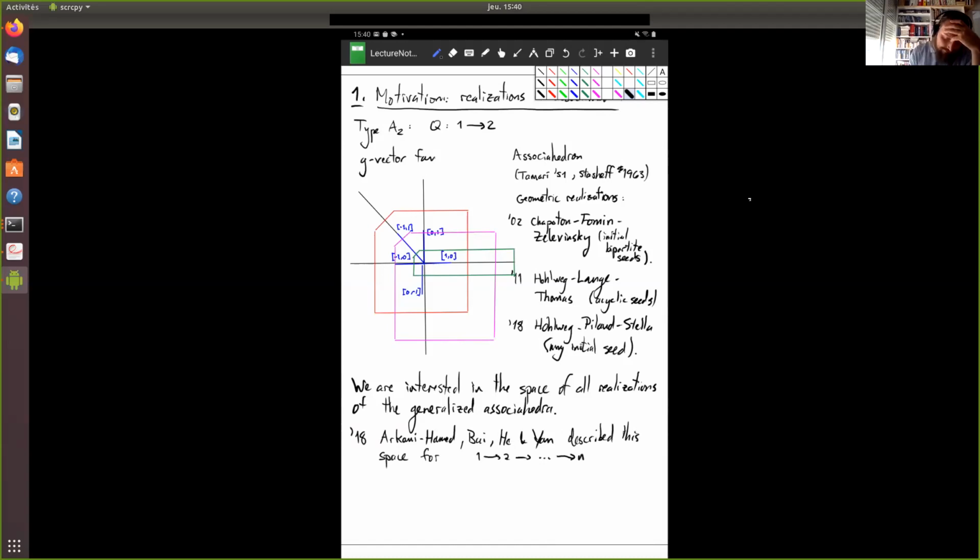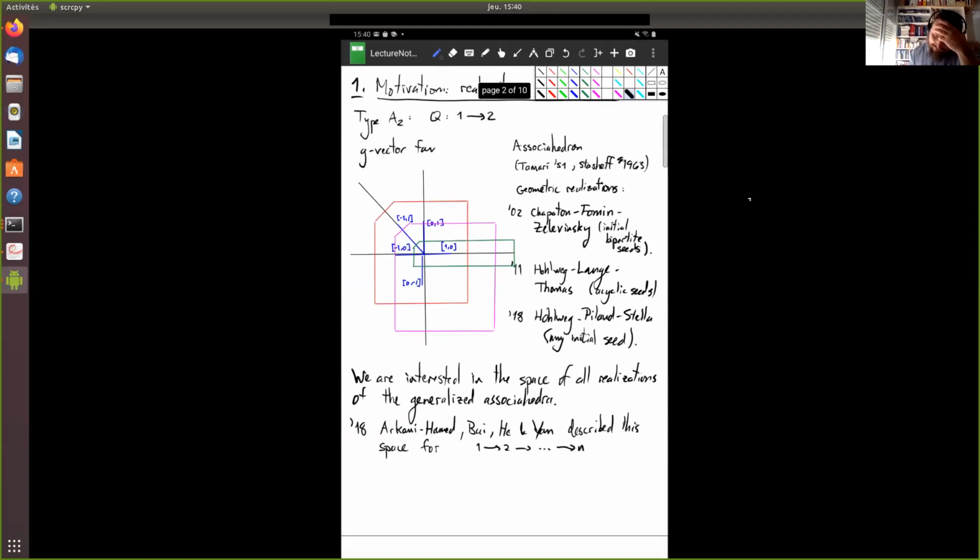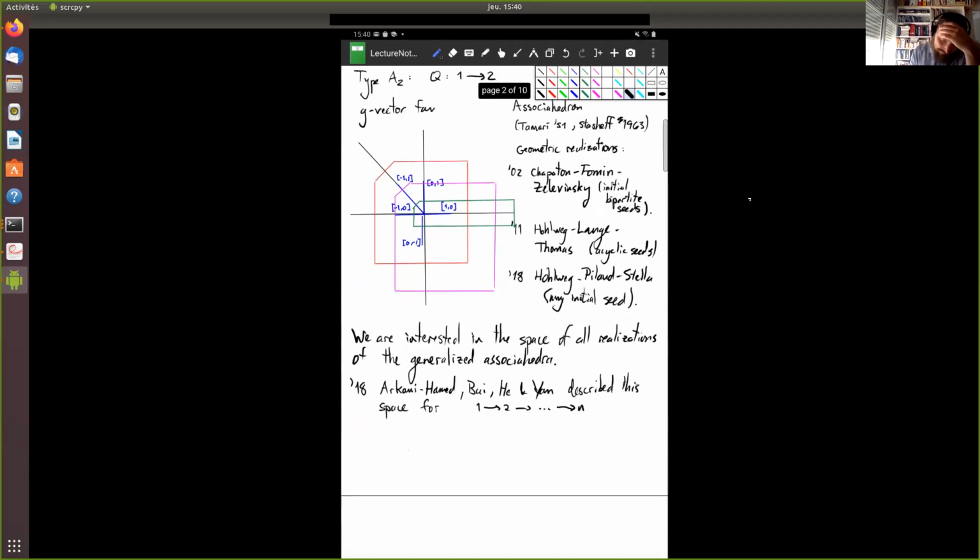And this was shortly afterward generalized by another team of 5 people from Montreal, Bazier-Matte, Douville, Mousavand, Thomas, and Yildirim. They generalized this to any Dynkin type and any acyclic seed.